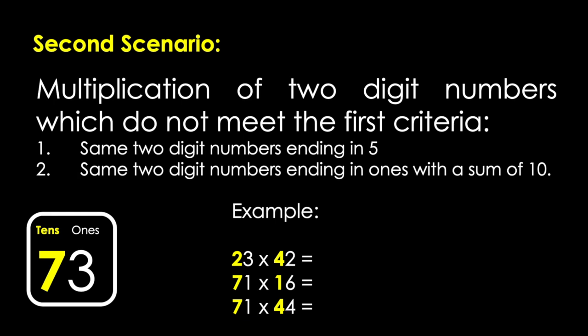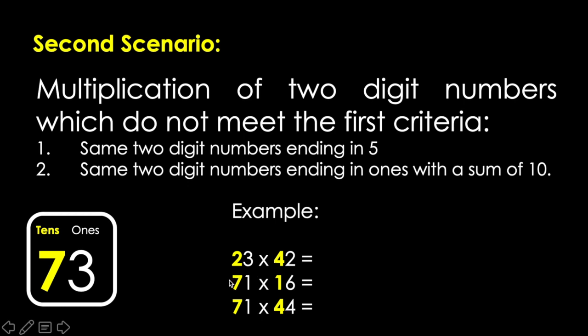So, multiplication of two-digit numbers which do not meet the first criteria, meaning they don't both end in 5 and don't have the same first digit with last digits summing to 10. An example of this is 23 times 42. The first digits are not the same, and the 3 and 2 do not sum to 10.